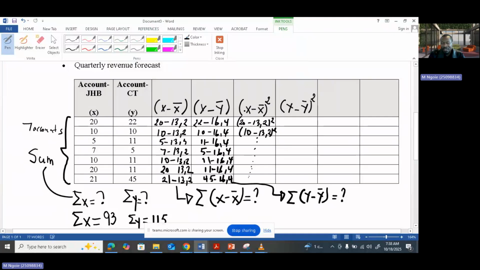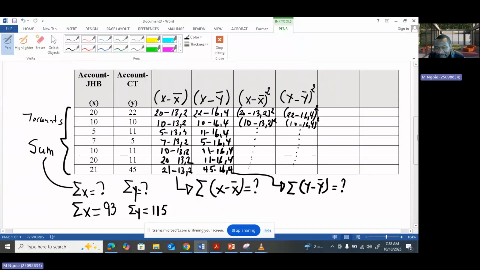The squared is just for us to remove the negative sign, right? And here is the same. You take the 20 minus 16.4 squared, 10 minus 16.4 squared, and you do the same everywhere.